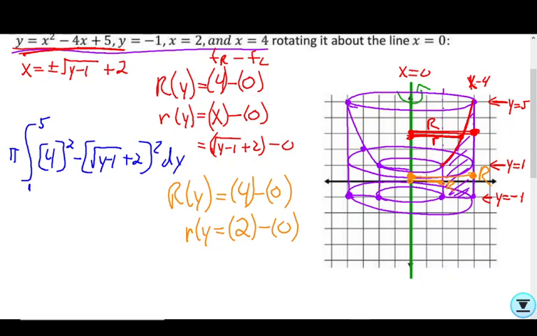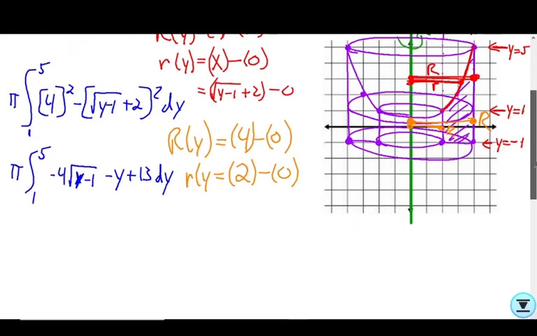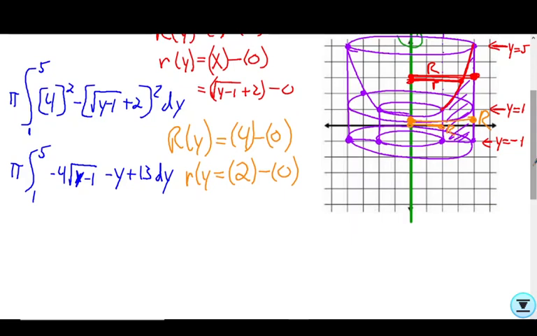Now, if you FOIL all that out, you're going to get pi times the integral from 1 to 5 of negative 4 square root of y minus 1, minus y, plus 13 dy. Then you take the antiderivative and evaluate it from 1 to 5, and you get 56 pi over 3. That's the top part.